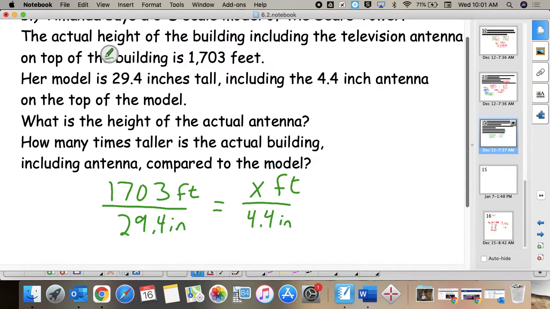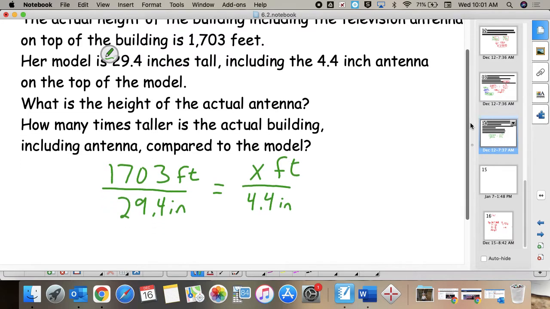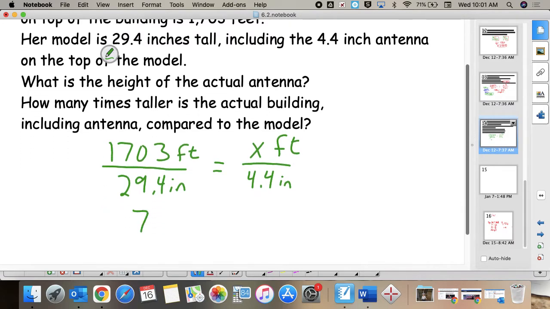So here's our proportion to solve. Once again, our units match up. I've got feet over inches on the left, feet over inches on the right. So cross multiply here, 1,703 times 4.4. We get 7,493.2. 29.4 times X is exactly that, 29.4X.